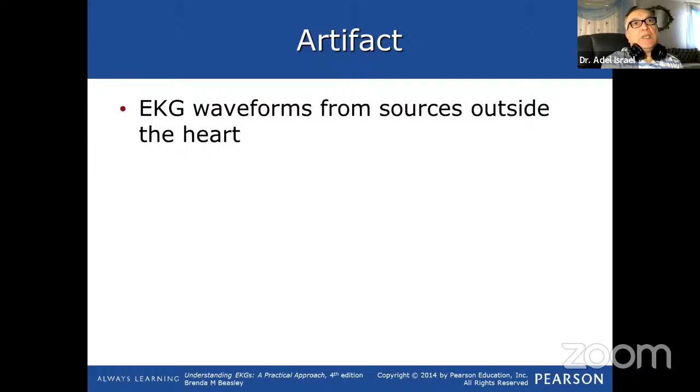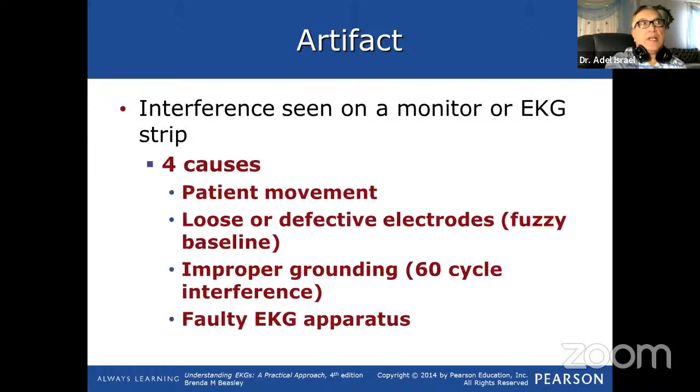When we are doing EKG, like I told you, we have to be careful to avoid any artifact. Electricity can cause artifact, coins or metal attached to the body can cause artifact, the liver can cause artifact. We have many sources of artifacts. You can read here what the causes of artifact are.